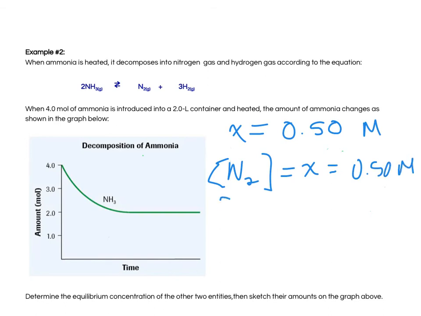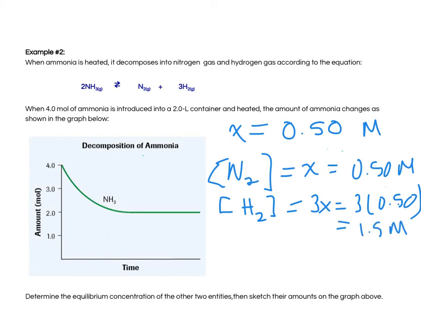Now the concentration of my hydrogen gas was represented as 3x, and so that's going to be 3 times 0.50, which will give me 1.5 moles per liter.